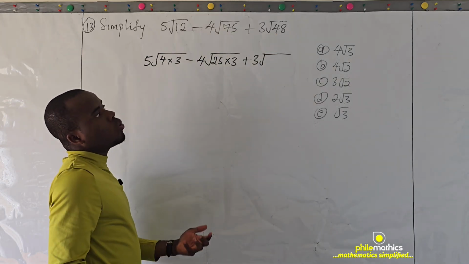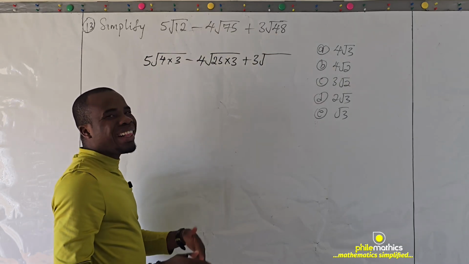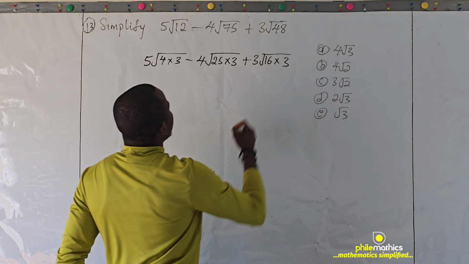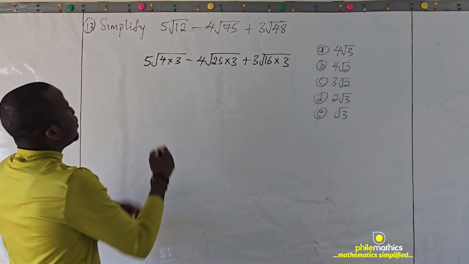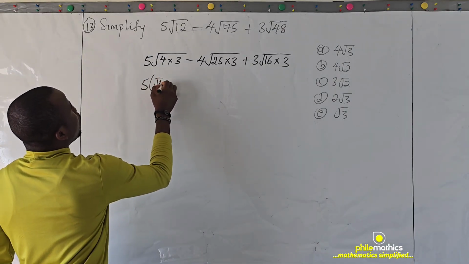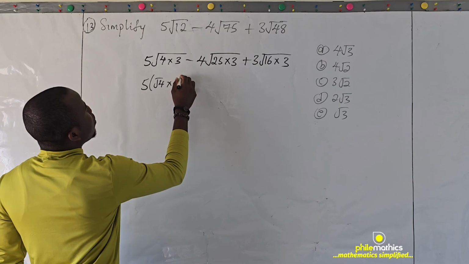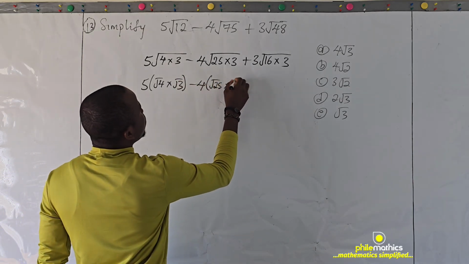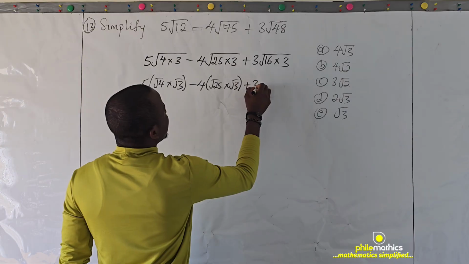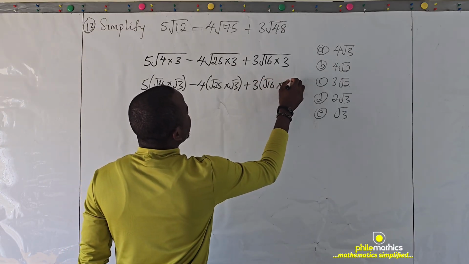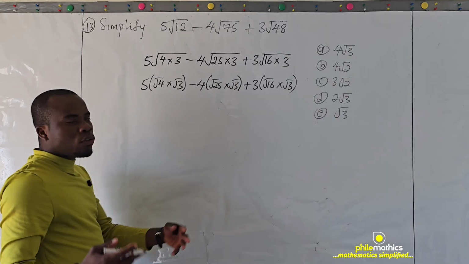I mean, you could use 4, but 4 is not the largest perfect square. So 16 times 3. And I can split this to be 5 root 4 times root 3 minus 4 root 25 times root 3 plus 3 root 16 times root 3 from the laws of surds.